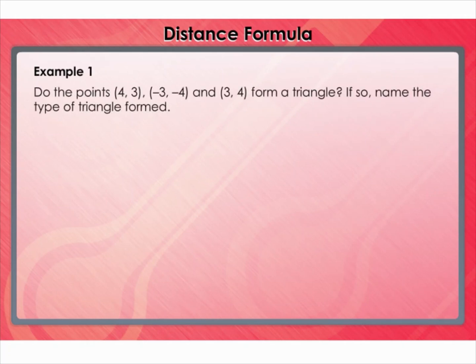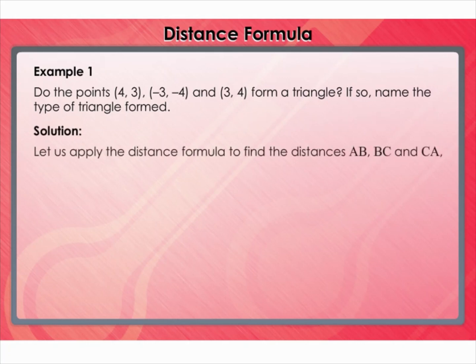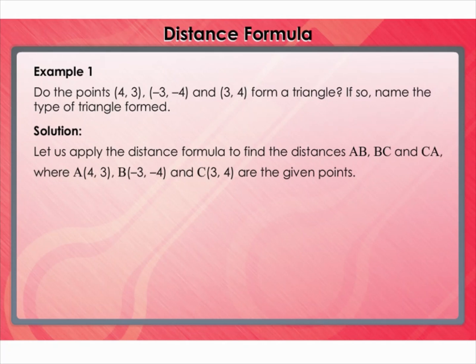Let's work out some examples with the help of the distance formula. Do the points (4, 3), (-3, -4), and (3, 4) form a triangle? If so, name the type of triangle formed. Solution. Let's apply the distance formula to find the distances AB, BC, and CA, where A(4, 3), B(-3, -4), and C(3, 4) are the given points.